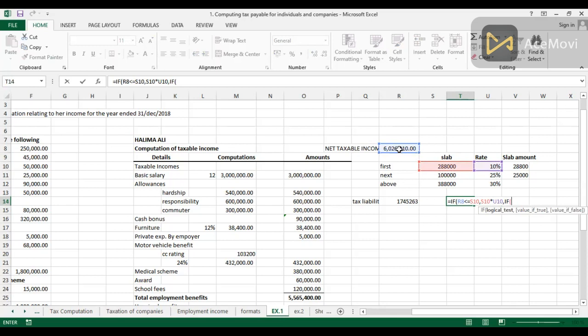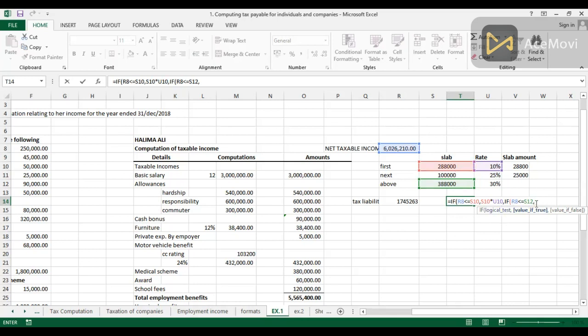So if our net taxable income is less or equal to 388, comma, then it will be, let me confirm. So this one is our logical test.